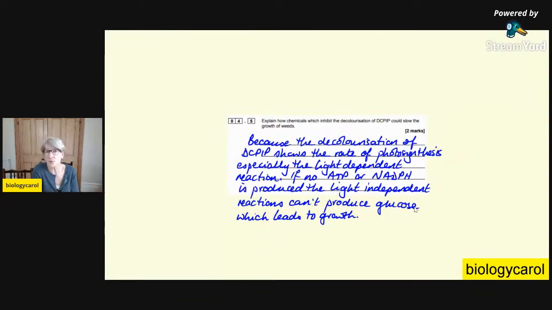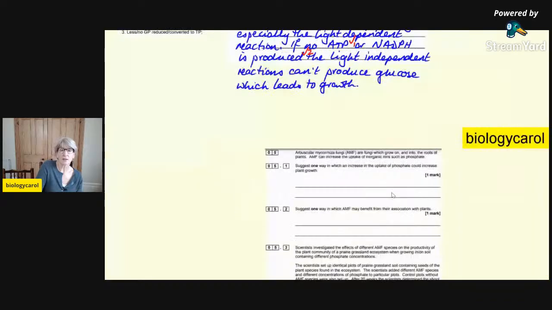The proteins, the carbohydrates, the lipids, DNA, everything. Here is the mark scheme. It was only at the end of the 1st sentence that I decided to write the 2nd, go into the detail. So, thank goodness I did. Otherwise, I wouldn't have got the marks.